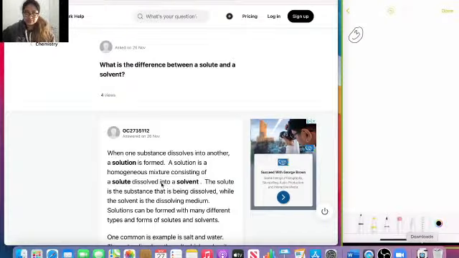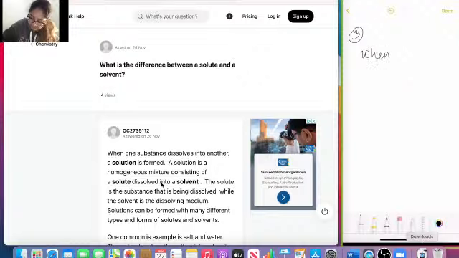So our third says, what is the difference between a solute and a solvent? Let's say, I'm just going to write this out.